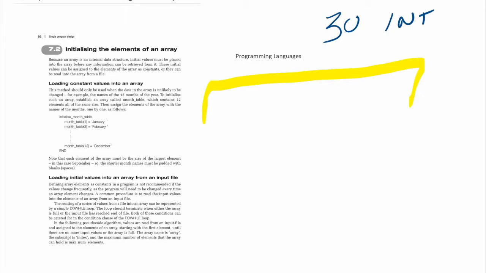Now, whether or not you take all of that space, that's another thing. But what the system is going to do is set aside for you 30 integer values worth of space in contiguous storage. That means it all has to be together, so that 1, 2, 3, 4, all the way to the 30th integer location, all butt up next to each other.